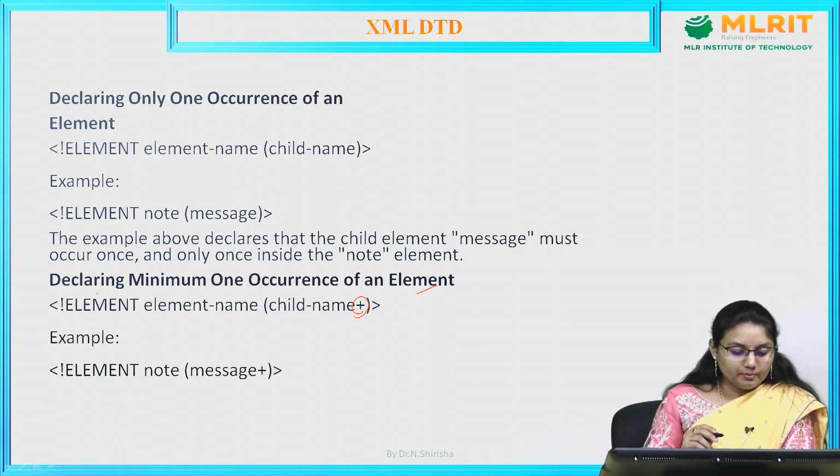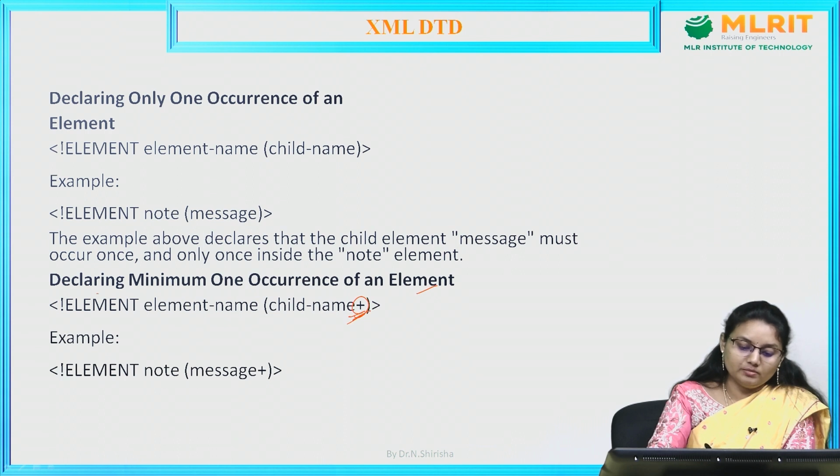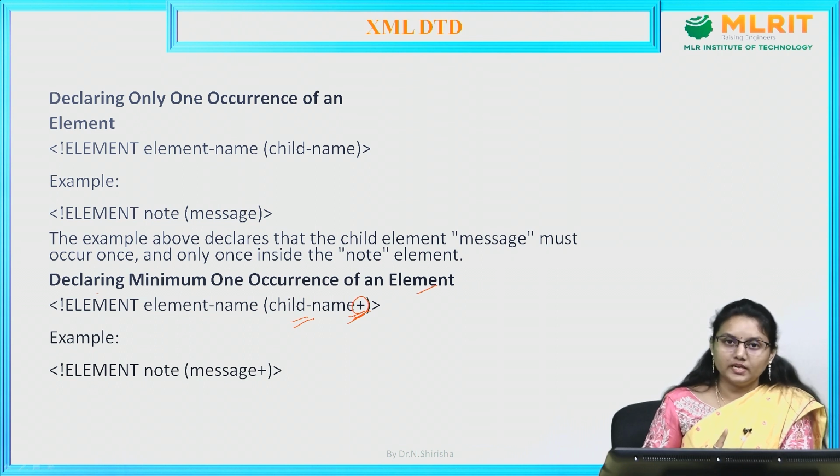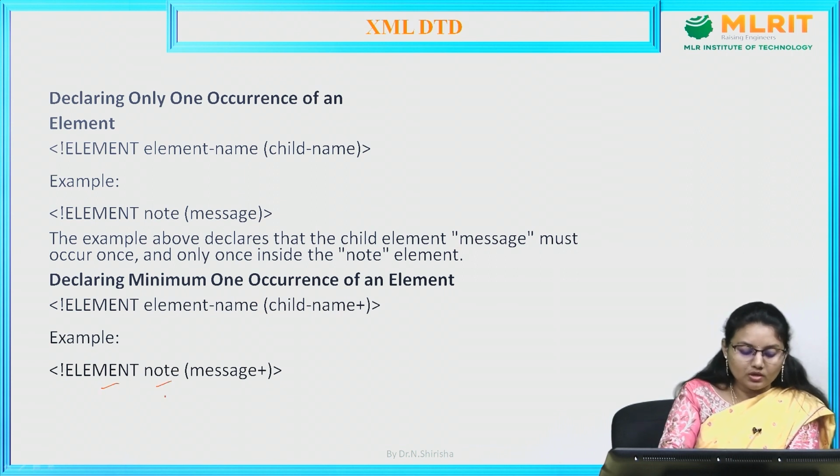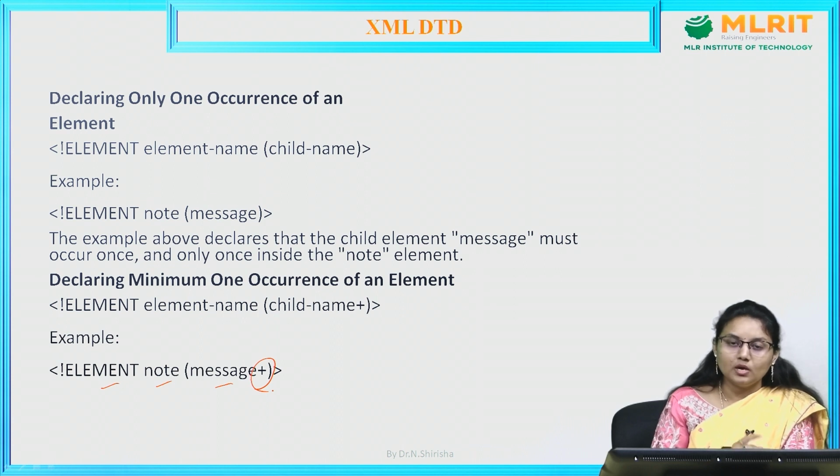The author has defined plus, so viewers will understand there is at least one occurrence of a child tag. So: element, note, message plus. Plus means minimum one occurrence.